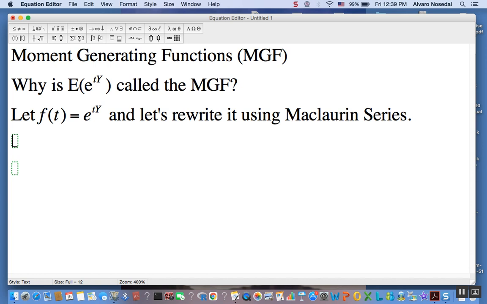As you recall, we're going to need the function evaluated at 0, the first derivative evaluated at 0, second derivative evaluated at 0, third derivative, and so on. So first, let's find the first derivative.